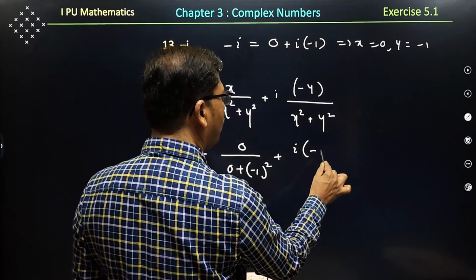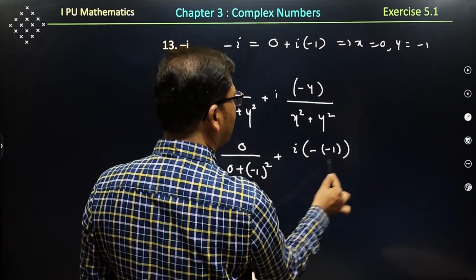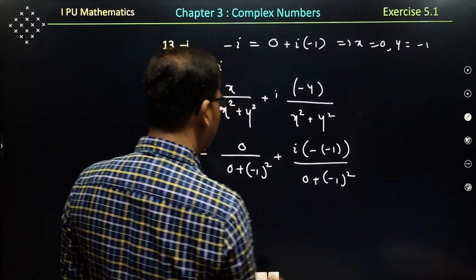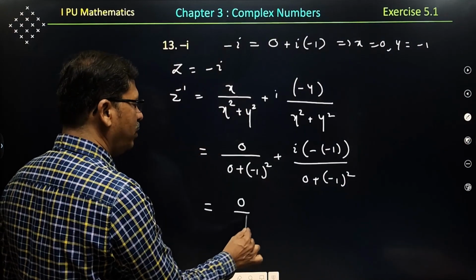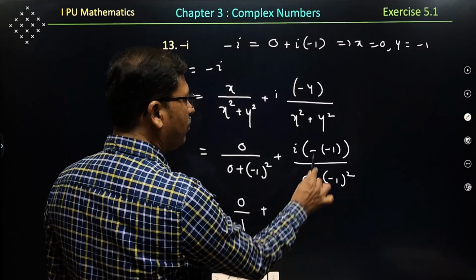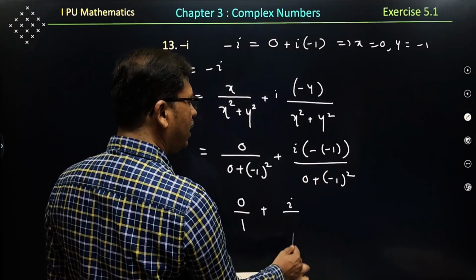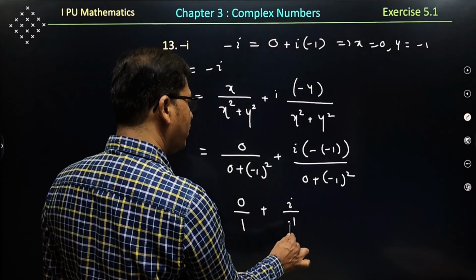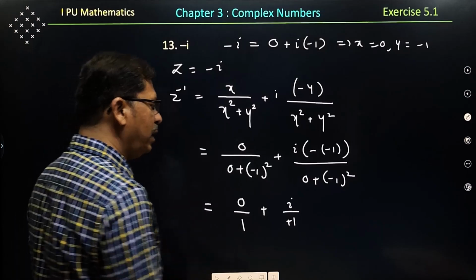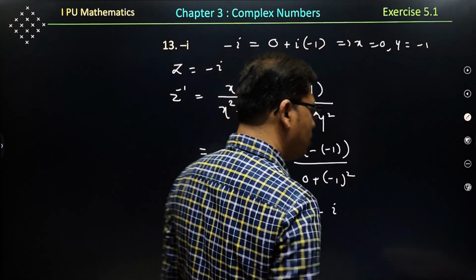Minus is there in the rule. Minus of minus 1 whole divided by 0 plus of minus 1 whole square here. This is 0 divided by 1 only, plus of minus into minus plus. So I, minus 1 whole square is plus 1. 0 by 1 is 0, leave it. I by 1 is 1, I only. So our answer is I.